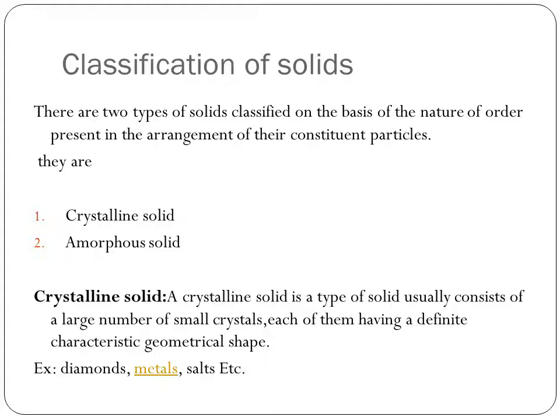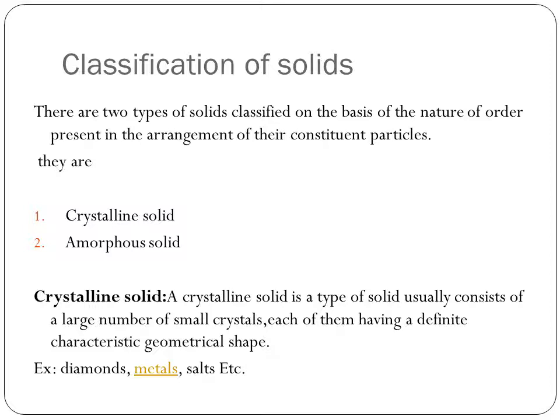Dear students, what is a crystalline solid then? They may ask you about crystalline solids for 2 marks. So the question will be like, define crystalline solid, or what is a crystalline solid? Okay, let us understand. Crystalline solid.